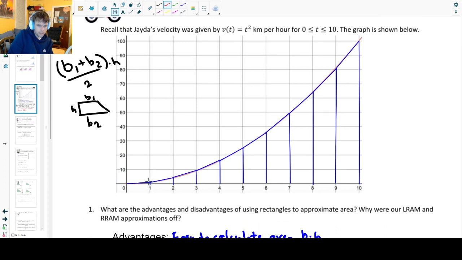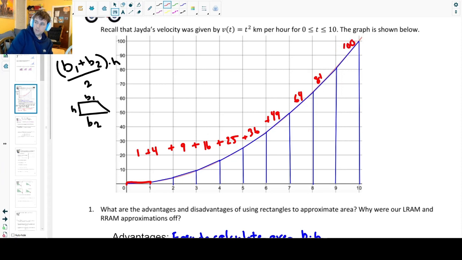We can do it, right? It's not so bad. So that would be this rectangle here, located at 1. So that would be 1 squared, which is 1 times 1, which is our width. Then we have another width of 1 and 2 squared, so that'd be plus 4, plus 9, plus 16, plus 25, because again, that's the height, 25 times 1, plus this one's 36, 36 times 1, yeah, 36. This one would be 49, 64, 81, and then 100.